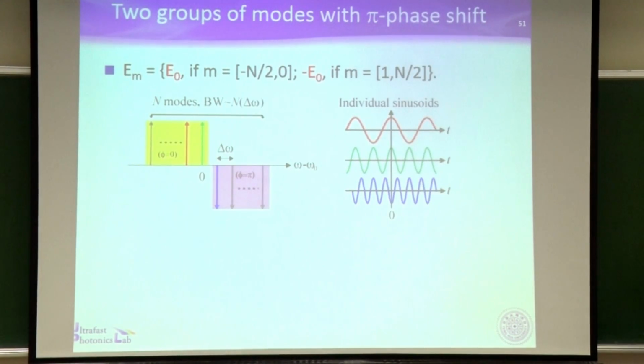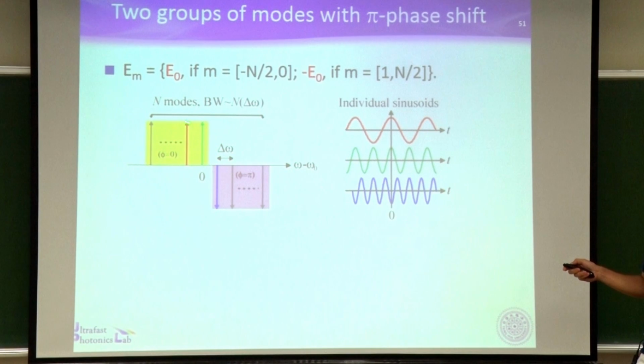If we check the second example, all the modes still share the common magnitude, E0, but the phases are divided into two groups. It can be 0 degrees or 180 degrees, just two possibilities.